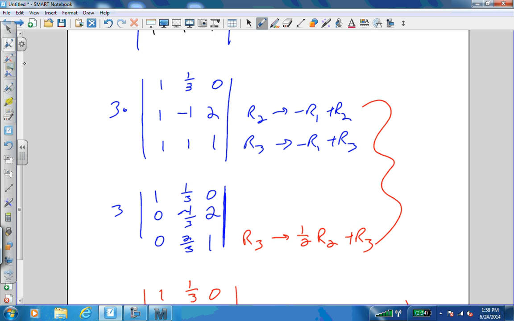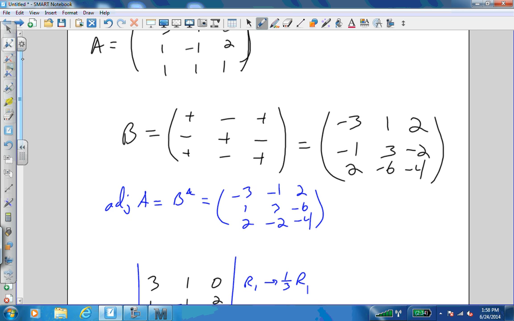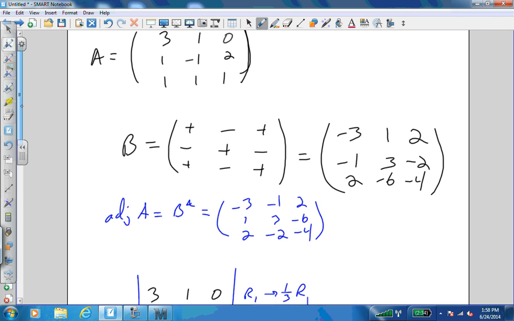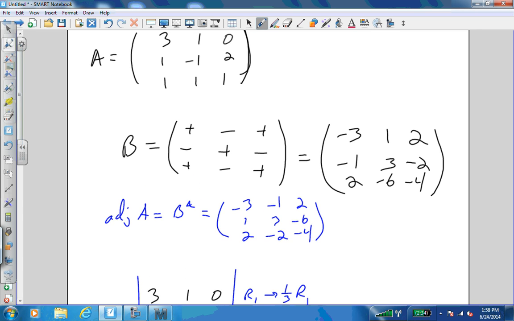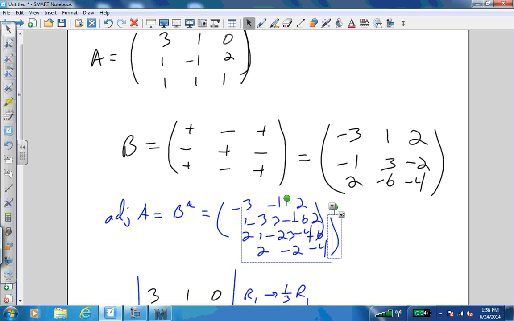Now that we have our adjoint and we have our determinant, now we're prepared to get the inverse of A. So let's get our adjoint. Let's get that.